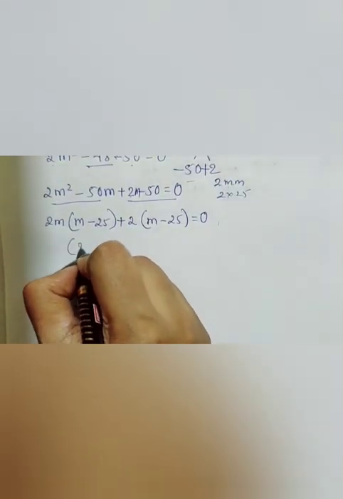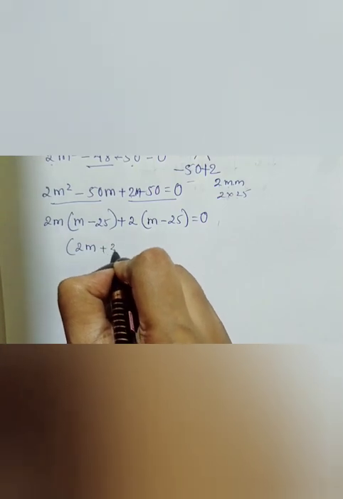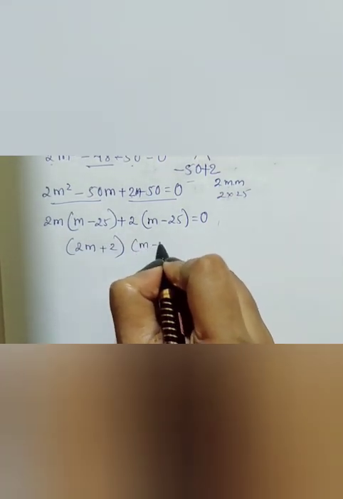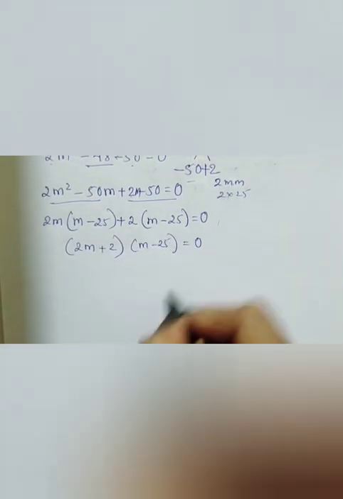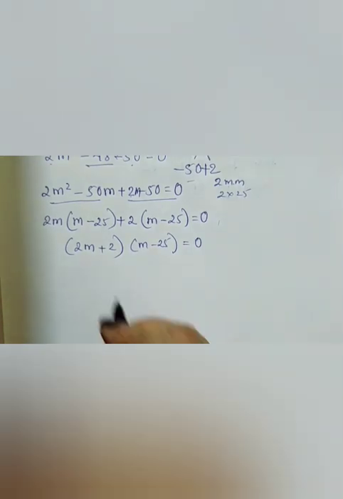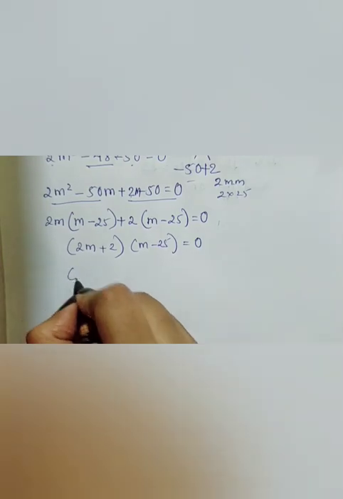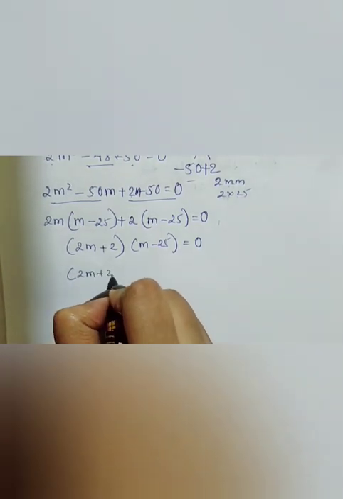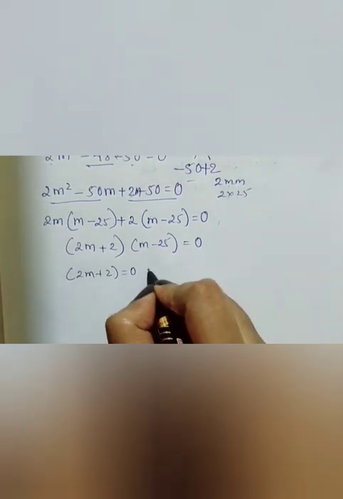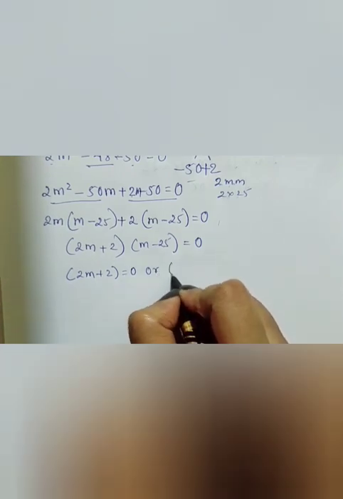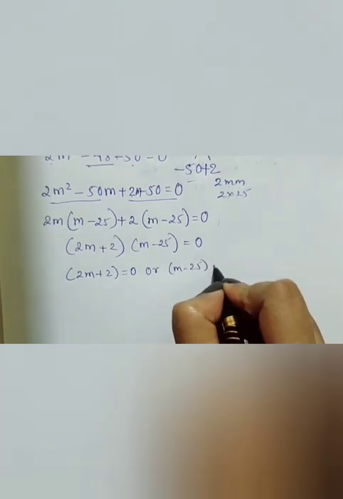Now here 2m plus 2 m minus 25 equal to 0. Next step, now here again we are going to write 2m plus 2 equal to 0 or m minus 25 equal to 0.